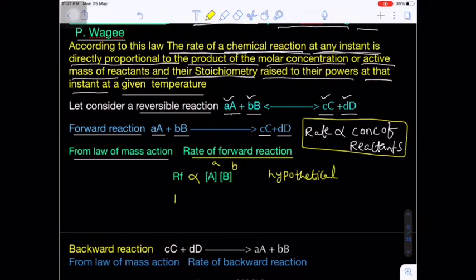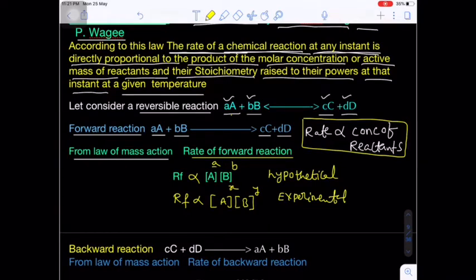Now actually the rate of a forward reaction is directly proportional to the product of the concentration of the active masses of A and B raised to their powers, let's suppose some x comma y. Okay, this is experimental. Now here the important thing is the exponent.